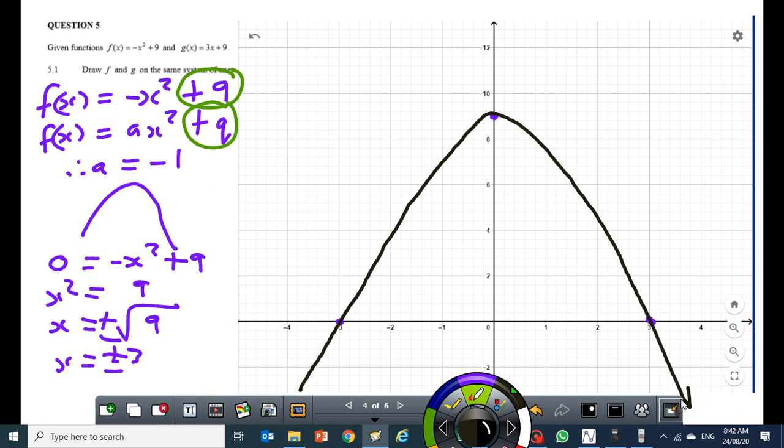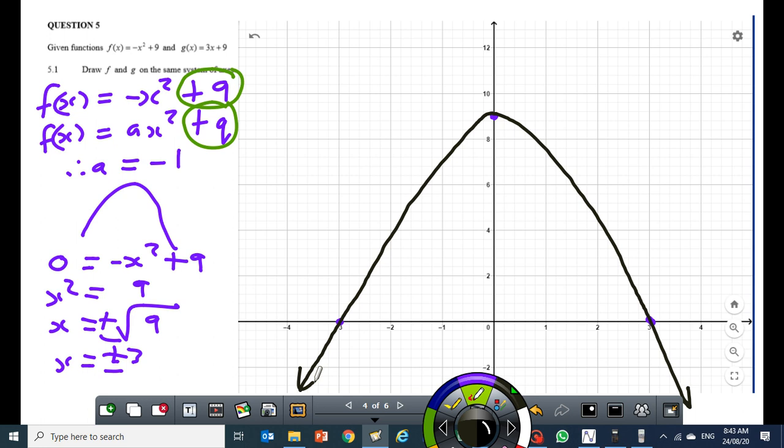So it will look like that. If you draw it using your table values on your calculator, you get a much better graph which is more accurate. But when you write tests, all you want to see is, did you get the shape right? What's your y-intercept? What are your x-intercepts? So the graph looks like that.